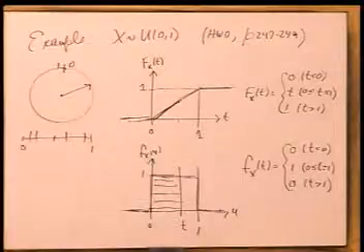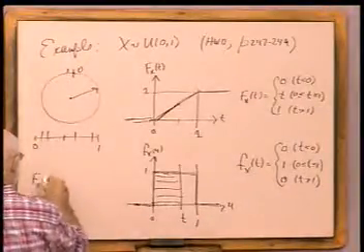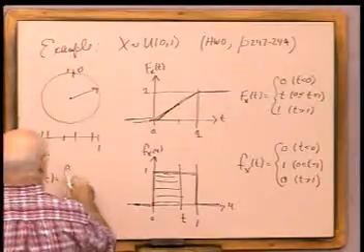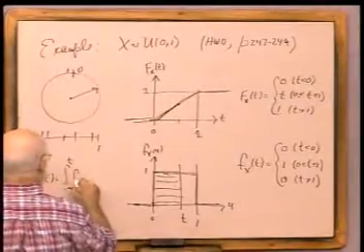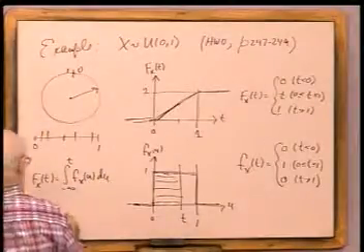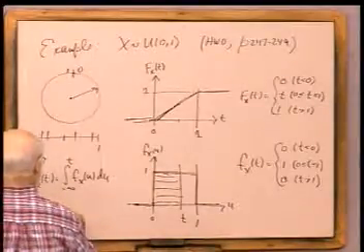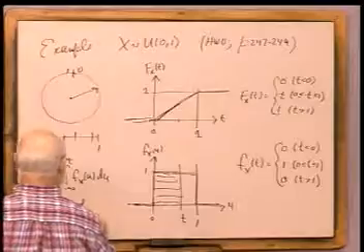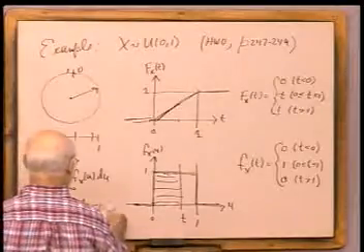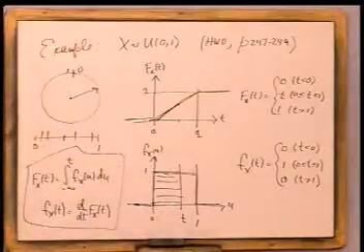So in other words, big F is equal to the integral from minus infinity to t of little f, and little f is equal to the derivative of big F. This is always true, at least if the random variable is continuous.